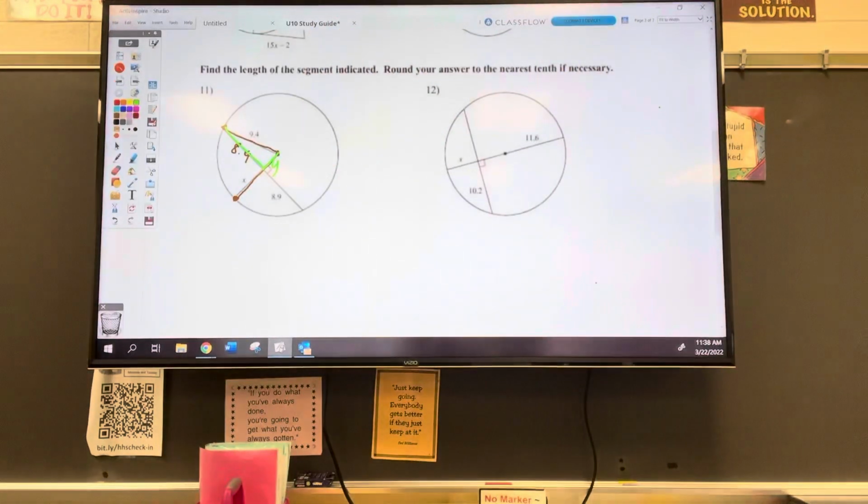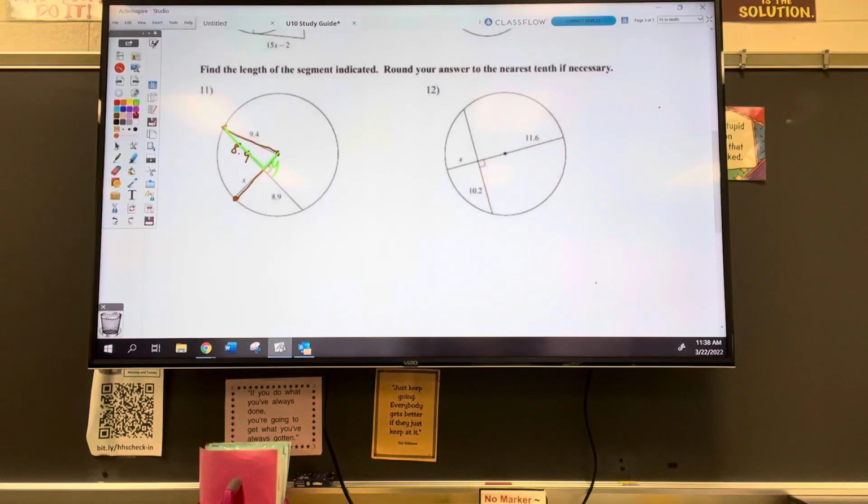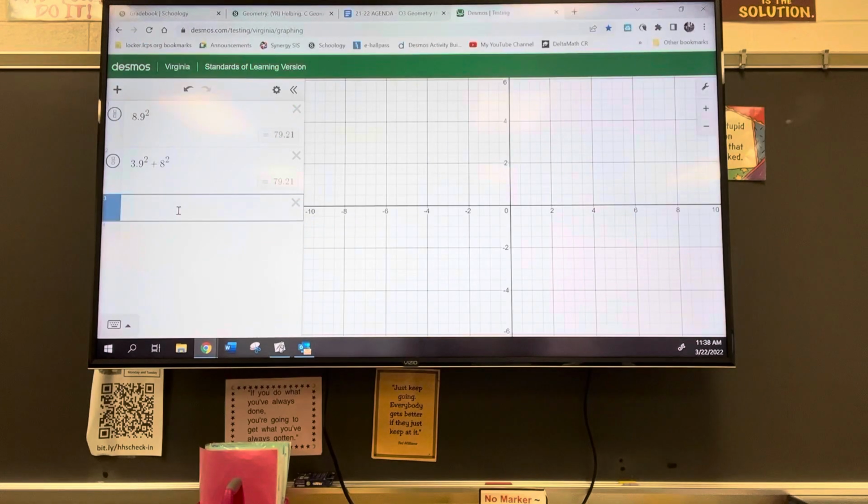Okay, so Pythagorean Theorem it. We've got c is across from the right angle. 9.4 squared should equal 8.9 squared plus y squared. So 9.4 squared minus 8.9 squared, right?